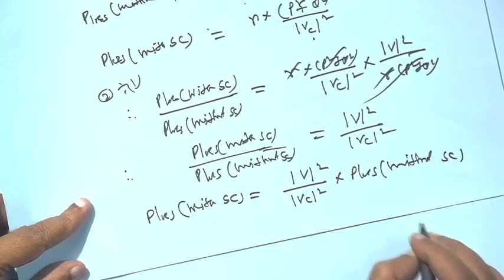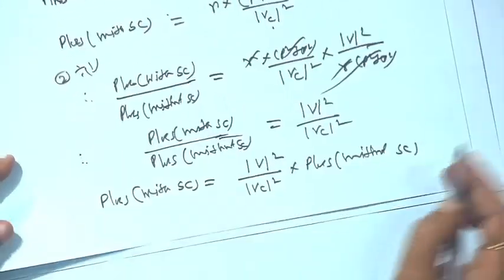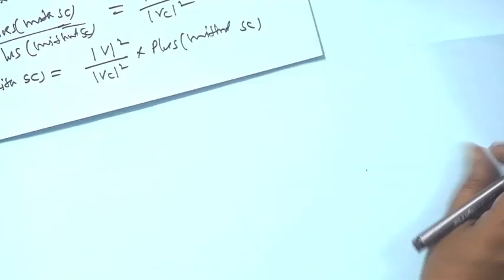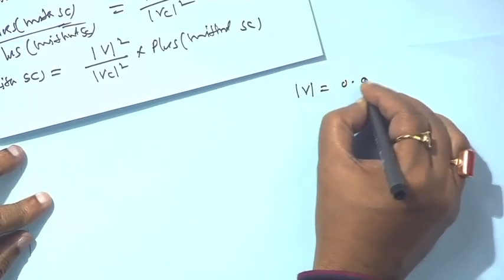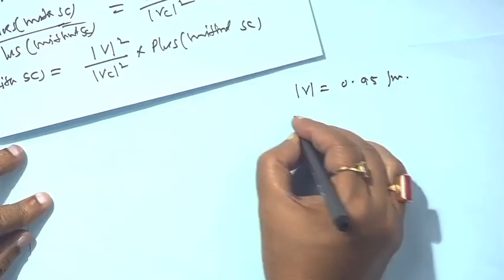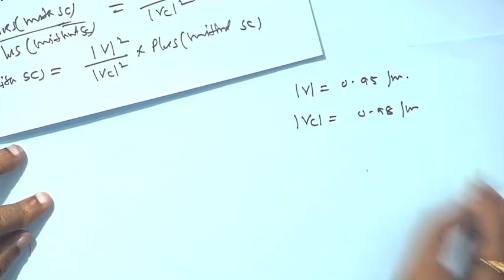without series capacitor. So, for example, suppose before the series capacitor V is equal to say 0.95 per unit, and after placing the capacitor say 0.9 per unit.